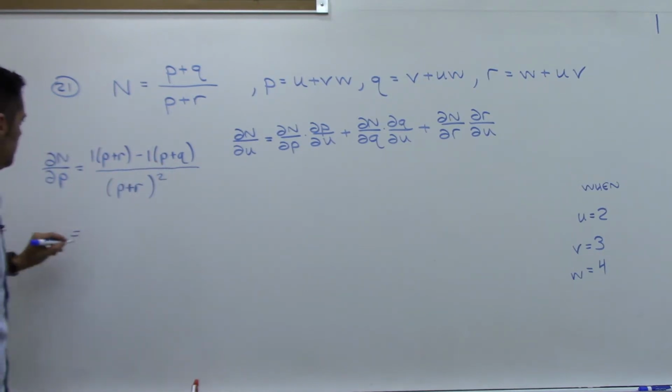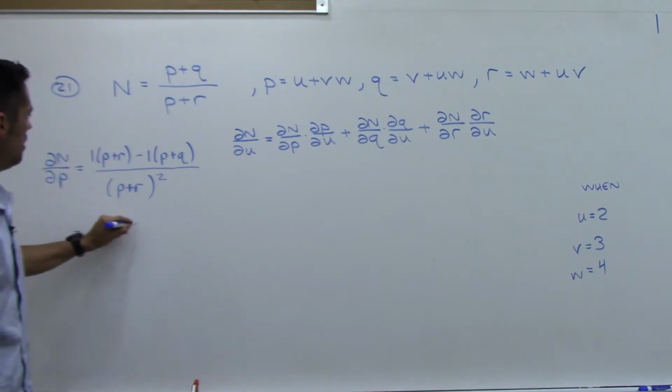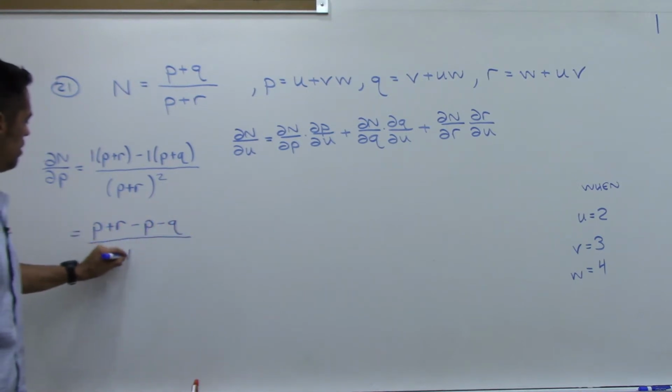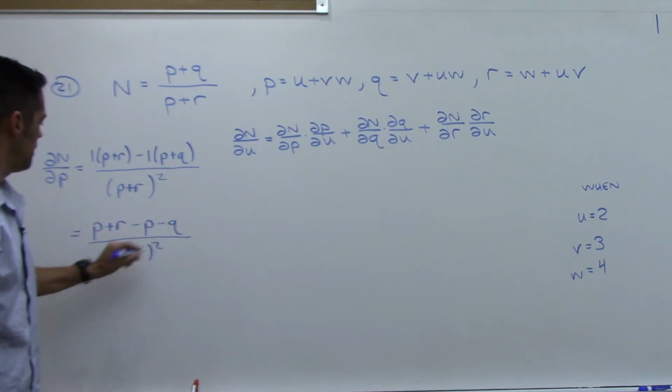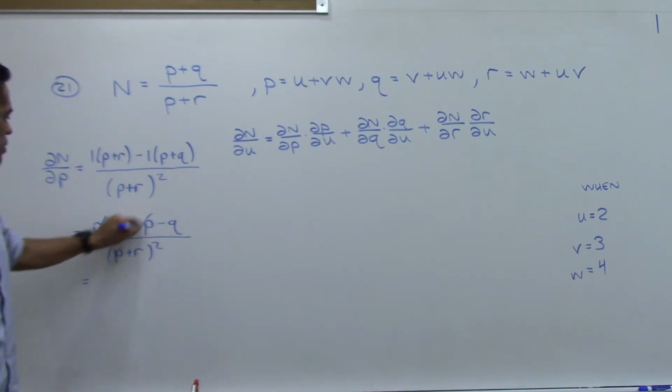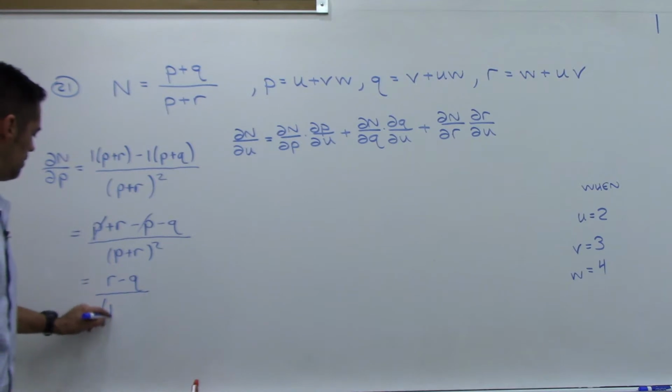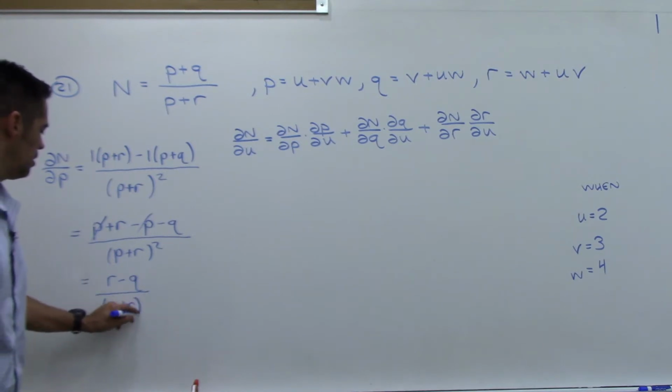Which equals P plus R minus P minus Q all over (P plus R) squared, which is R minus Q over (P plus R) squared.